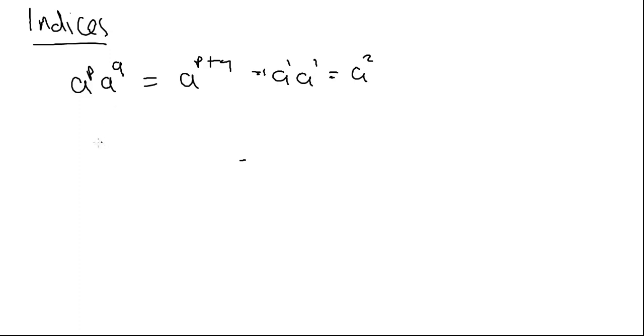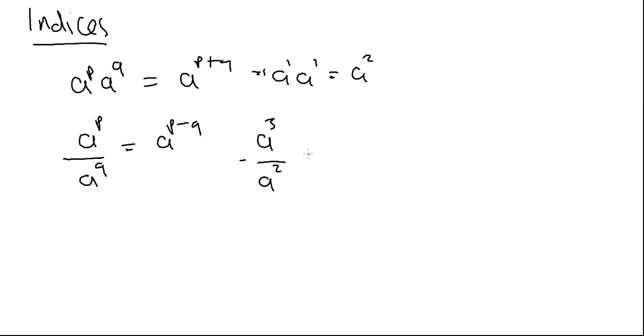Next, we have a to the power of p divided by a to the power of q, and we say that that is equal to a to the power of p minus q. So does that make sense? Well, imagine you had a cubed and you divided that by a squared.